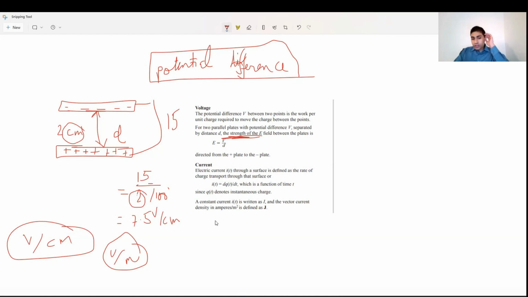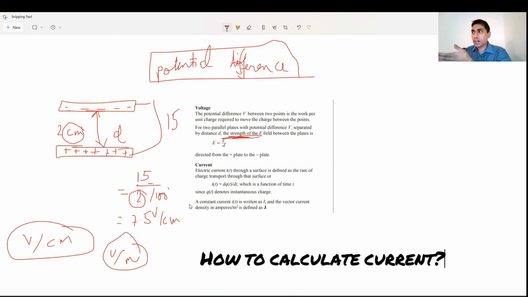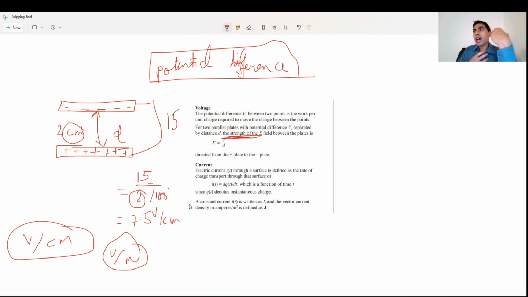Now, moving on to the next part of the question, which is the current. Let me just start off very basic. What is current? If I ask you what is current, we usually say the rate of flow of charge, right? That means how much charge is flowing every second.